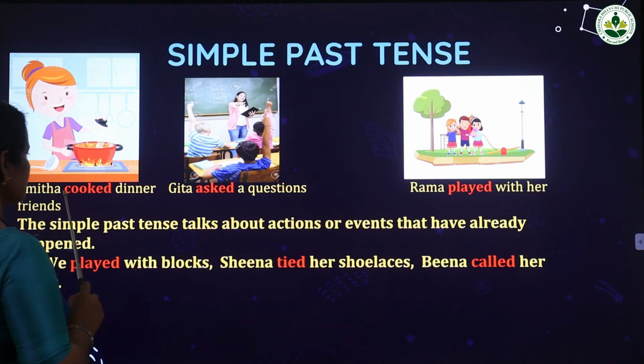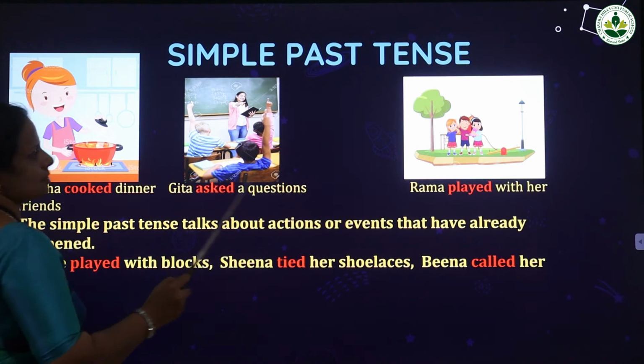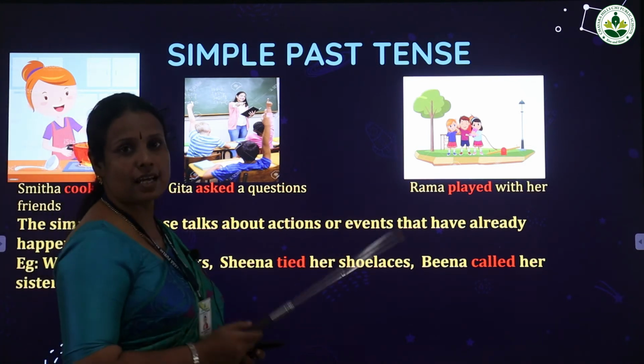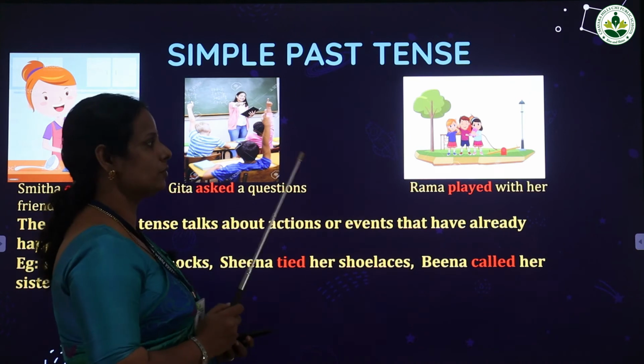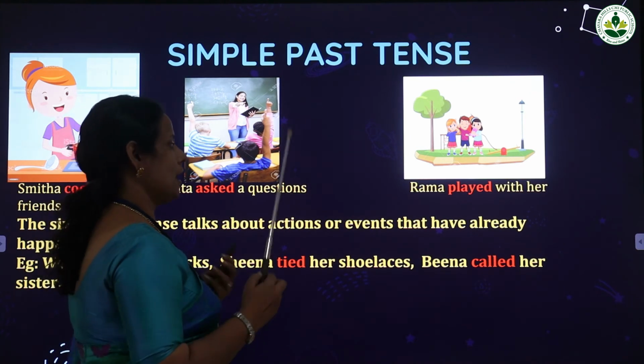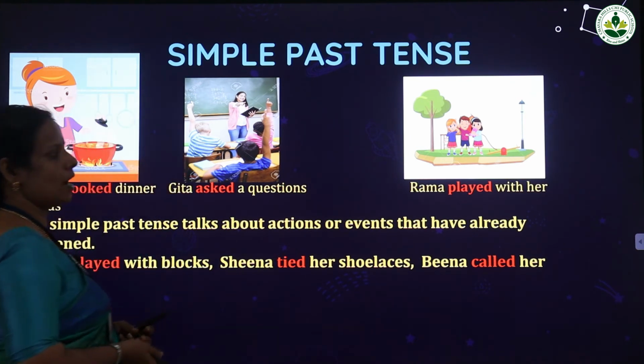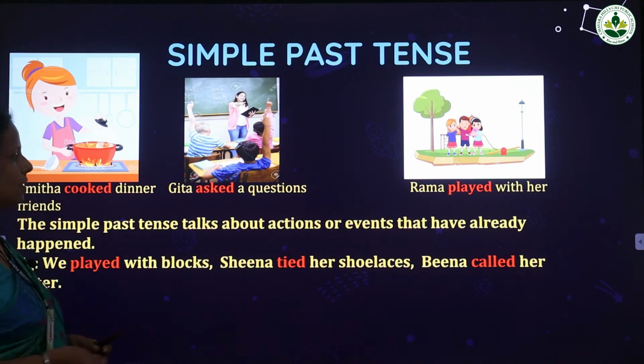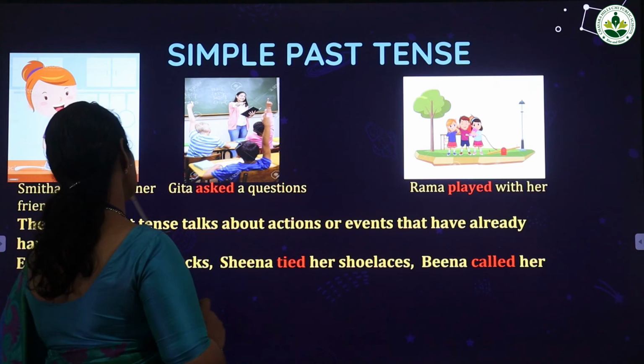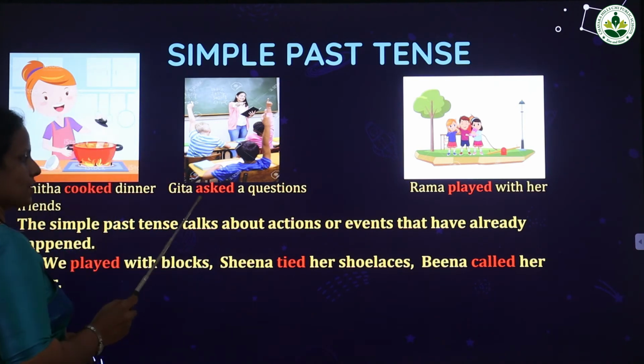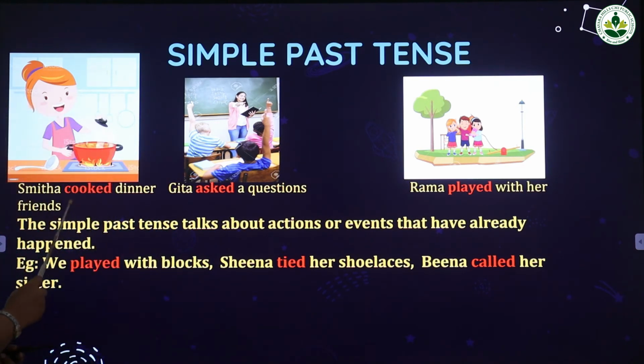See the words cooked, asked and played. These are verbs, and those verbs are actions that are already completed. So cooked, asked, played are verbs or action words, and these words talk about actions or events that have already happened.